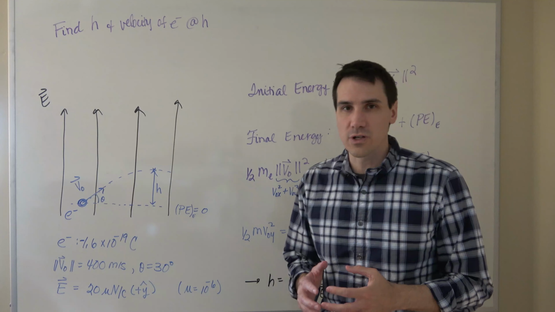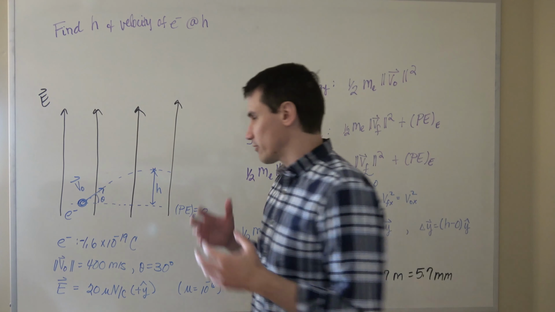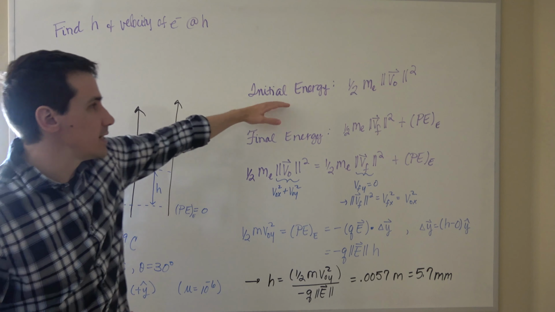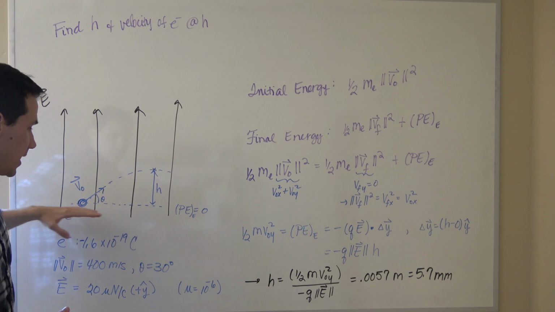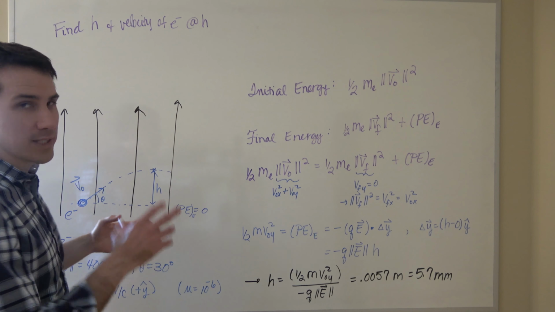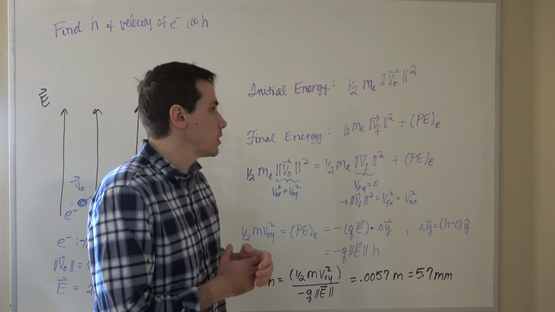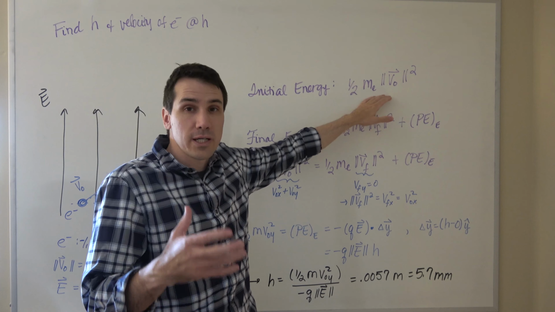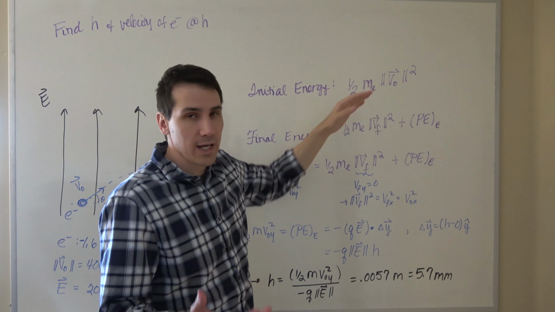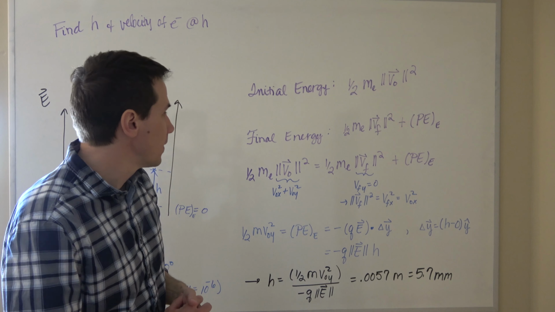Now, because we're going to solve this problem using energy, the first thing that we're going to do is write down the initial energy of the particle. Well, it's at our potential energy equals 0 line, so it does not have any electric potential energy. So the initial energy is only kinetic energy, 1/2 mv squared.